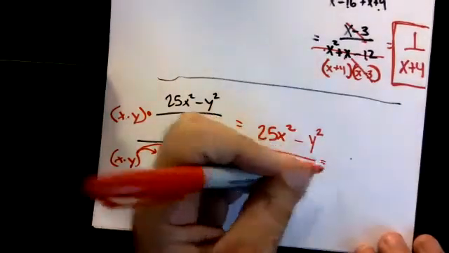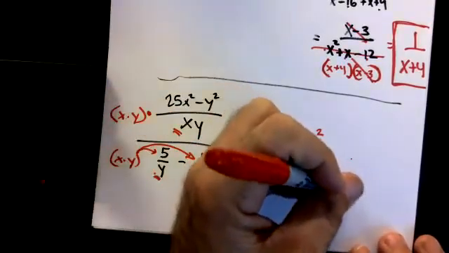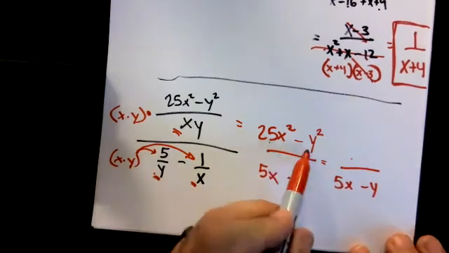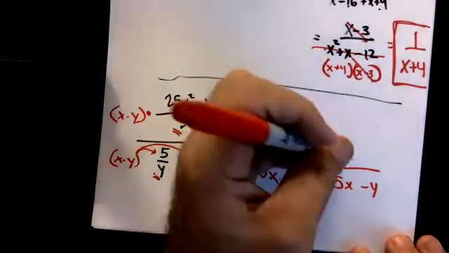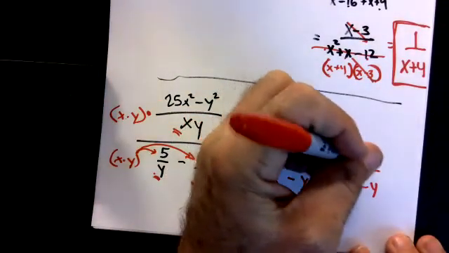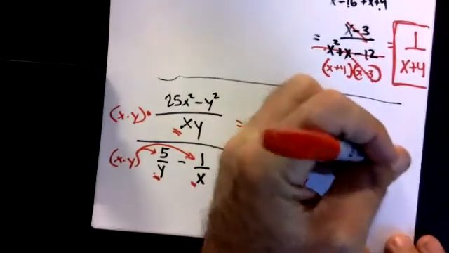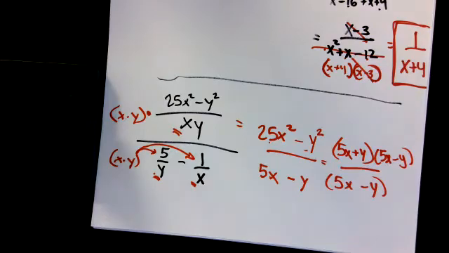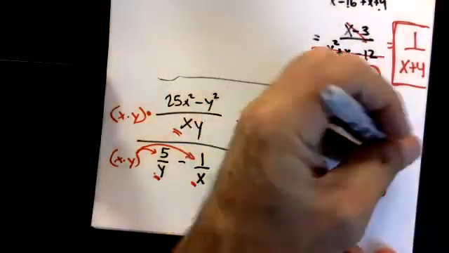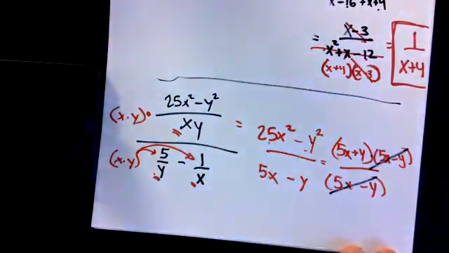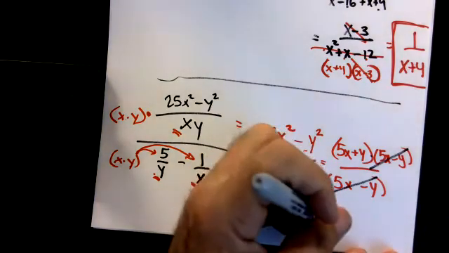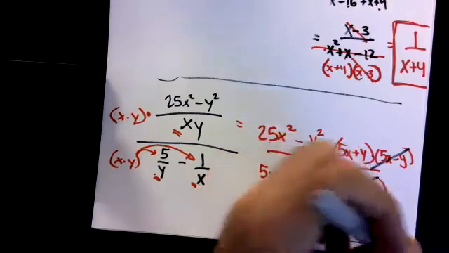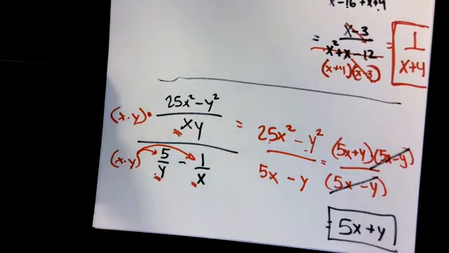The bottom actually does not factor, but the top does. Those are perfect squares. This factors into 5x plus y and 5x minus y. And again, once we make this a multiplication problem, if you have common factors, those will cancel. And we end up with 5x plus y.